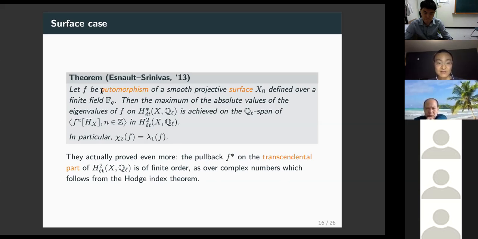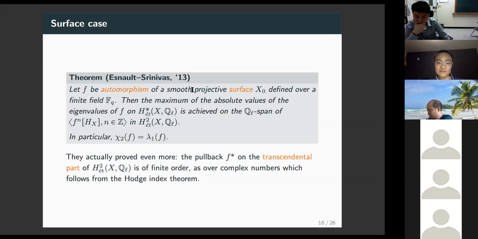But they only consider F with the automorphism. Their proof depends on the classification of surfaces. The most difficult part, I think, is K3 surfaces.